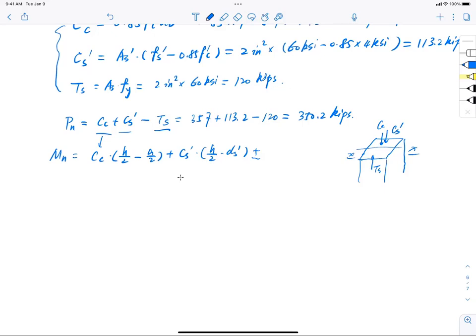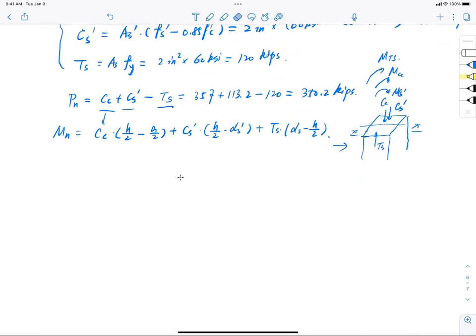So you have a moment of CS prime going, if I look from the right-hand side rule, meaning looking from the left side, this is a counterclockwise moment, and this is CS prime, and then I have another moment, CC, and also another moment positive in the same direction, TS, right? So they're in the same direction. Therefore, it is not a minus sign, but a positive sign here, plus TS multiplied by the distance, which is DS minus half H.